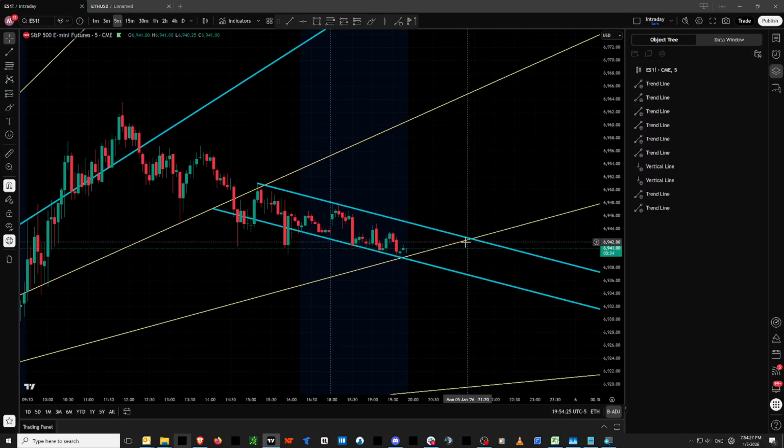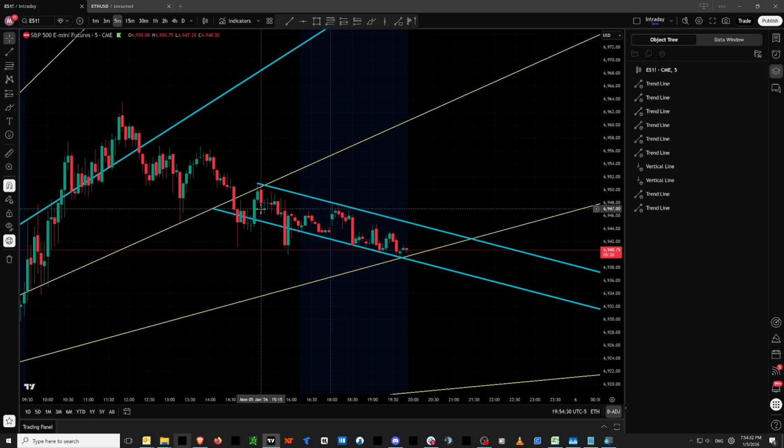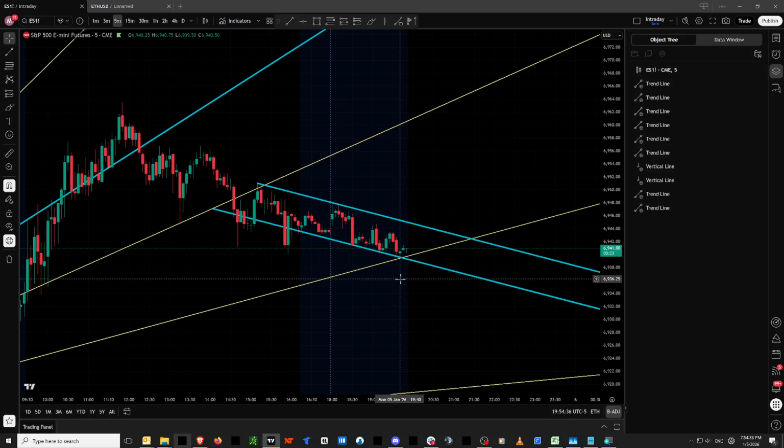But I want you to notice also this trend line is getting ready to intersect this trend line. Wait a minute. What does that mean?